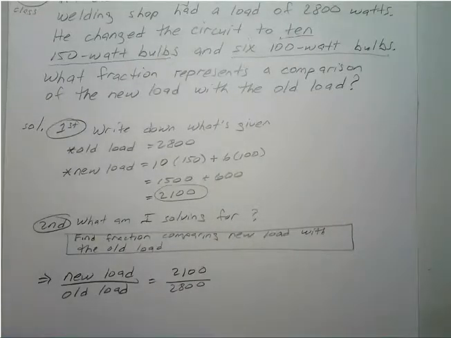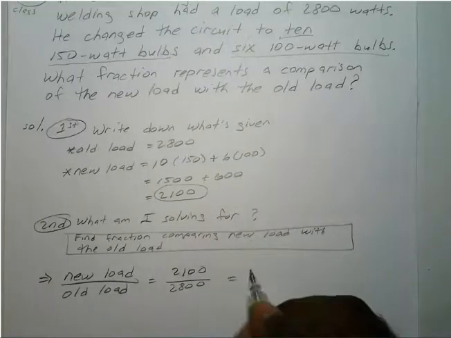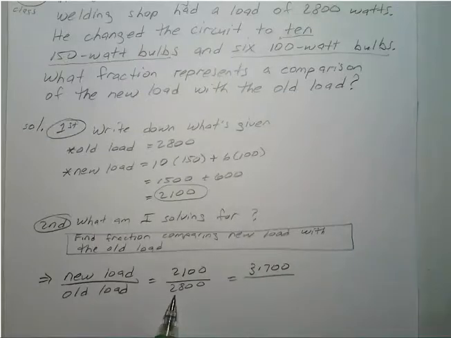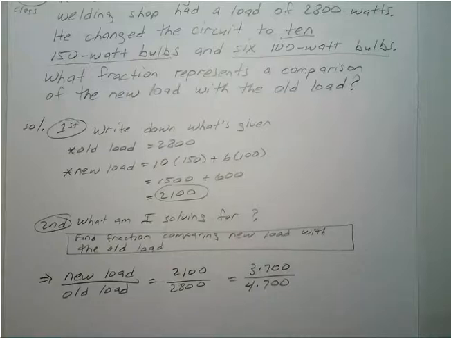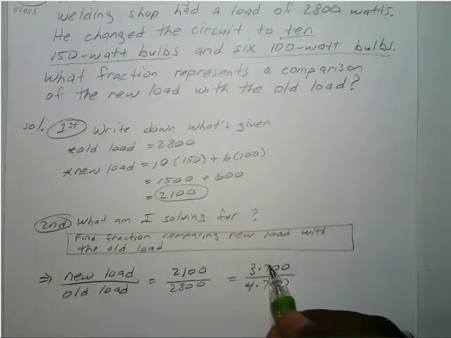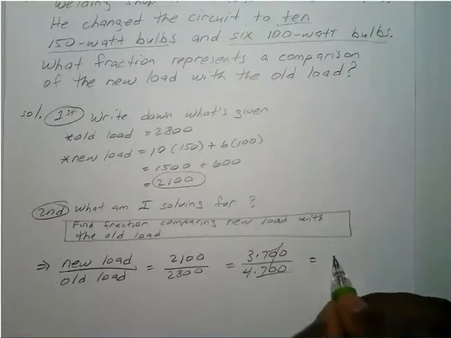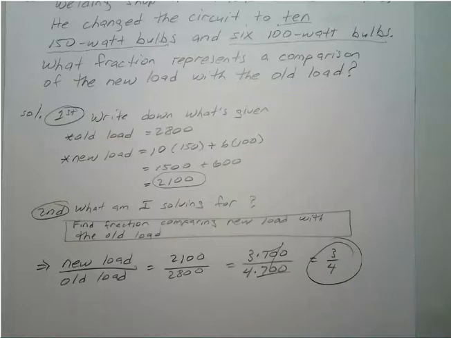Now we can simplify that because 2,100 is 3 times 700, and 2,800 is 4 times 700. Anything divided by itself, these two cancel out and it becomes just 1. So you end up with 3/4. That's the fraction that represents the comparison between the new load and the old load.